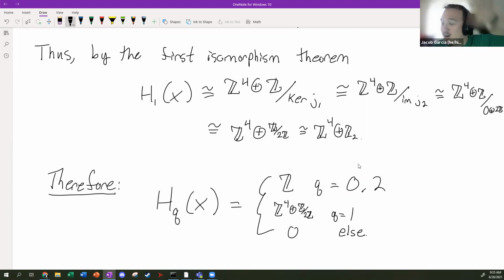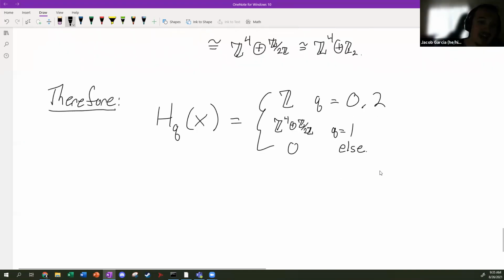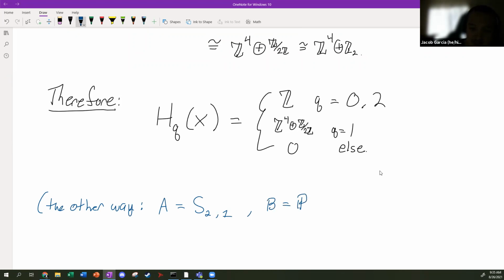If you look at the punctured 2 surface and the Mobius band. And just to outline what that looks like, the other way: A is equal to the surface of genus 2 with 1 puncture. B is equal to RP2, and you get that A intersect B is just a disk.